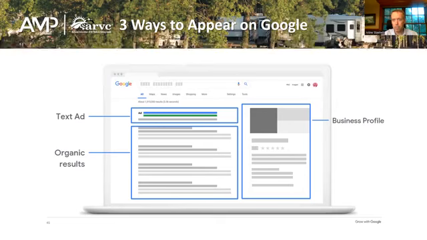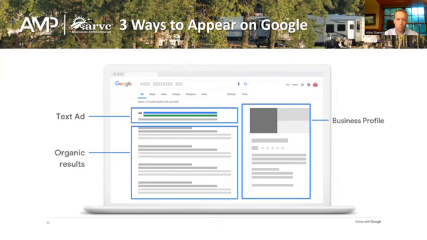Google thinks of advertising 3 different ways, and only one of these ways is something that you actually have to spend money on, and that's the text ad at the top there. If you break down the 3 ways to advertise, there are organic results, there are business profiles. Those 2 things are costless, and then there are text ads.